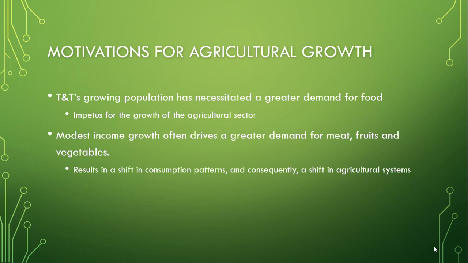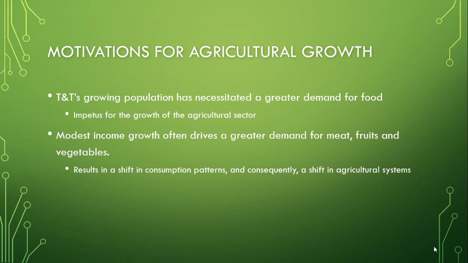For example, you tend to find in more affluent countries that there's a greater demand for meat, fruits and vegetables, whereas in poorer countries the agricultural sector may be just focused on the basics, for example the carbohydrates such as rice, etc.